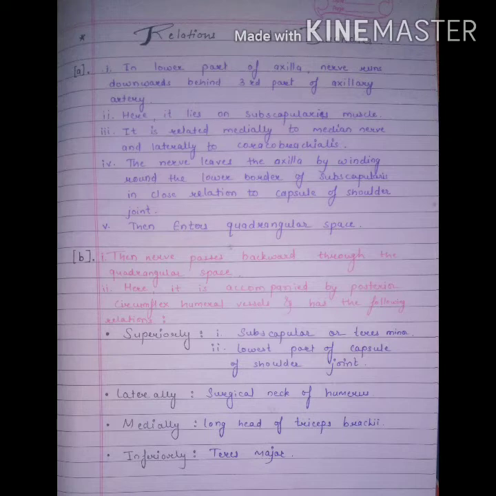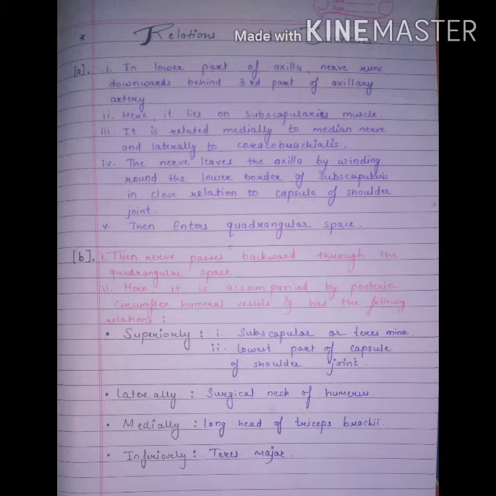It comes from the posterior cord, so it goes to the lower part, behind the axillary artery, and lies on the subscapularis muscle. It is related medially to the median nerve, and laterally to the coracobrachialis, which is the muscle present there.